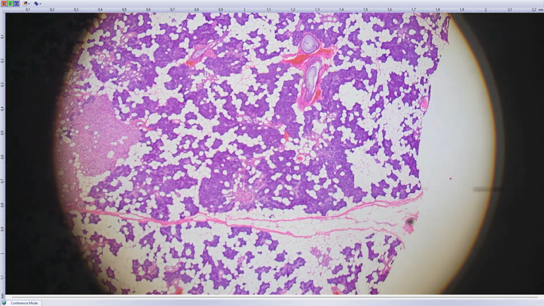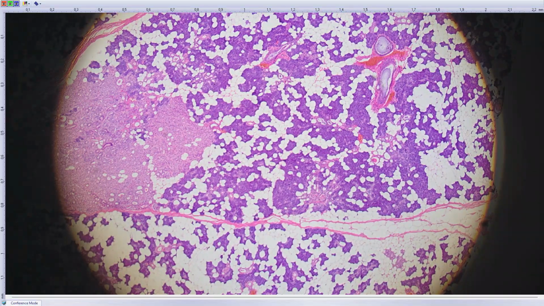Well, so that's one case. The other case is easier or shorter, but rare and very interesting. I hope we have another salivary gland tumor. This is a parotid gland.